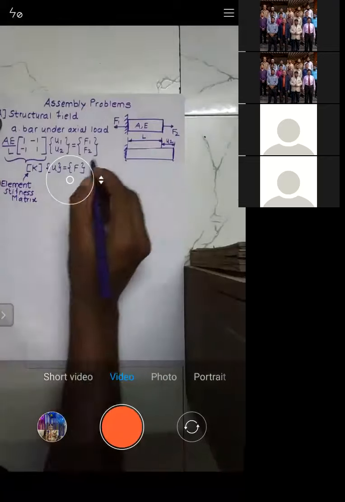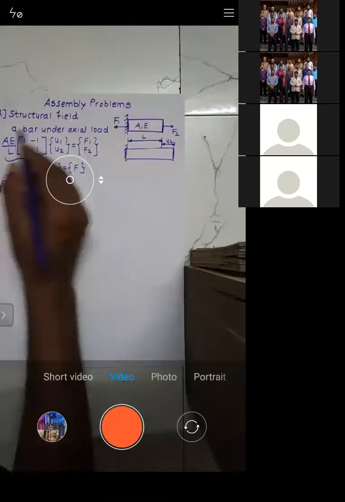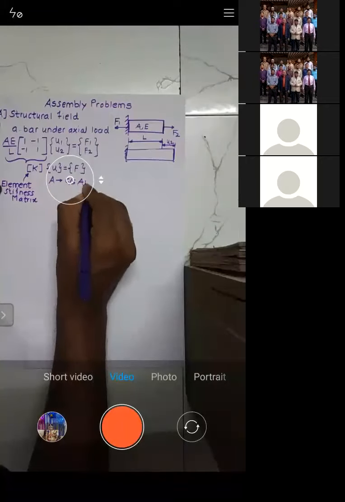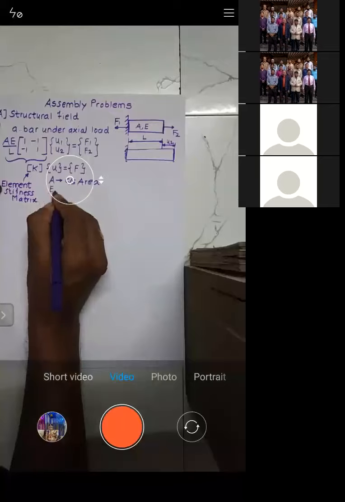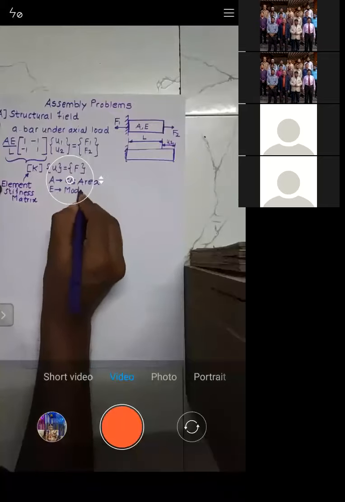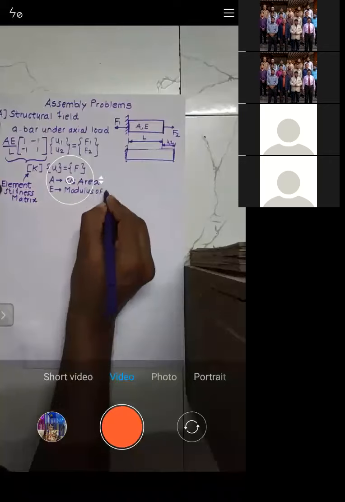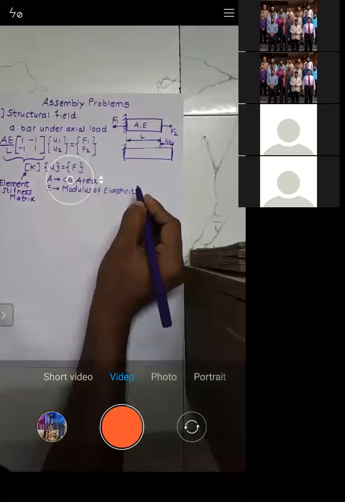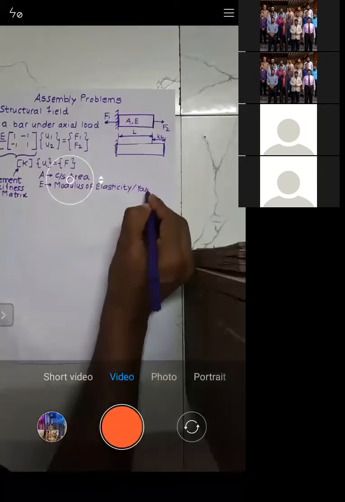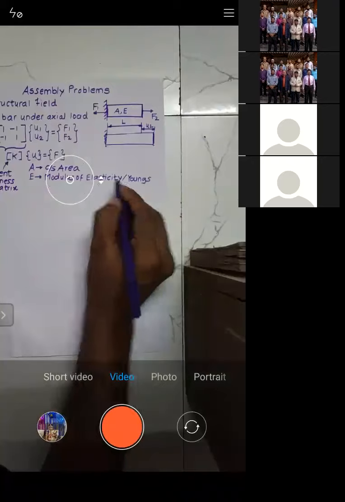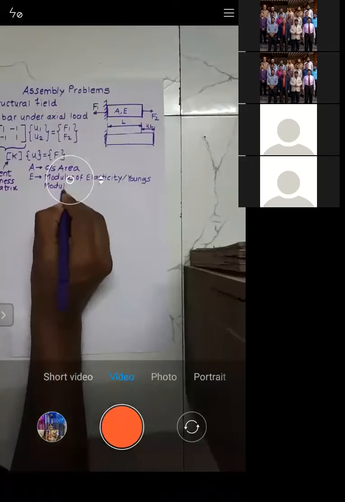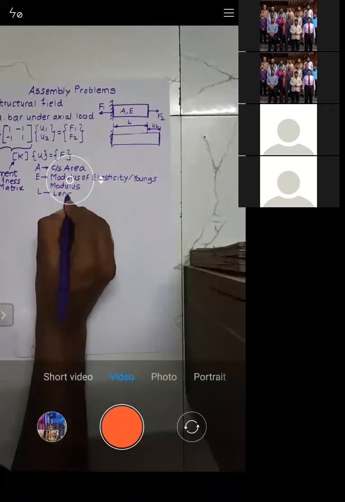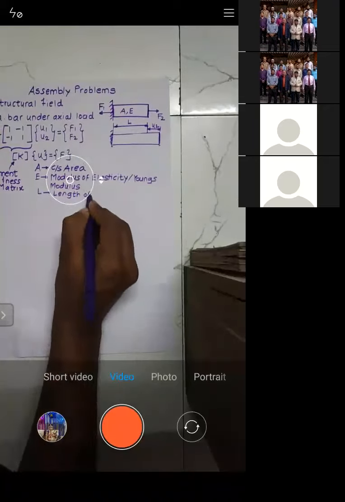Okay, now see, as I told you, what is A here? A is nothing but the cross-sectional area. What is E? It is the modulus of elasticity, or it is also known as Young's modulus. You have seen it in SOM. L is called the length of the element.